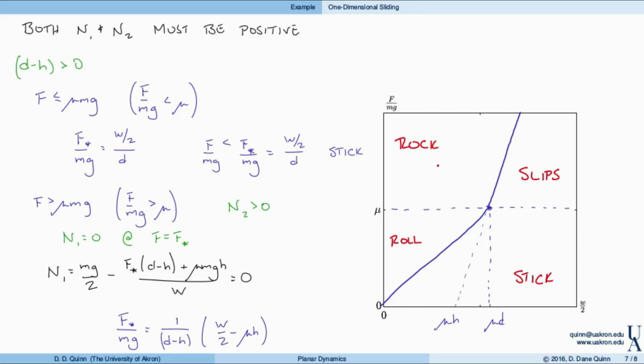So this is sort of slipping and tipping, and it's going to rock in the positive direction. If it rocks that way, I will denote positive, while if somehow, and we'll see this in the next case, it rocked that way, we'll say rock negative. And this is rock positive.